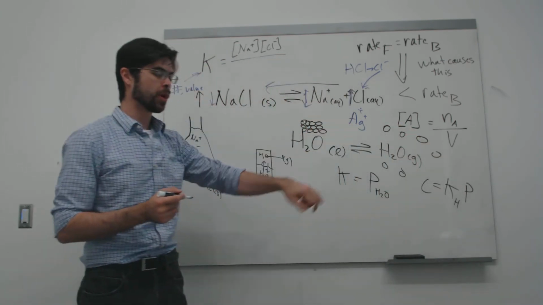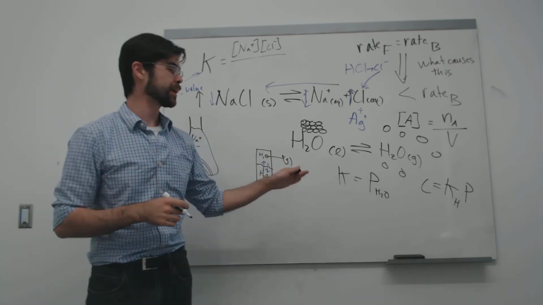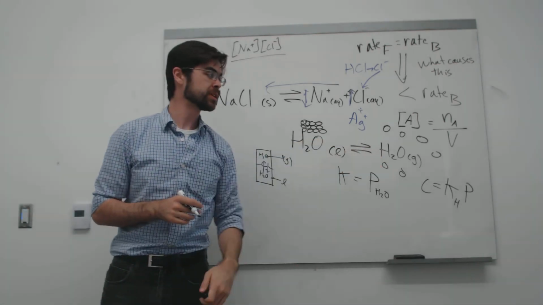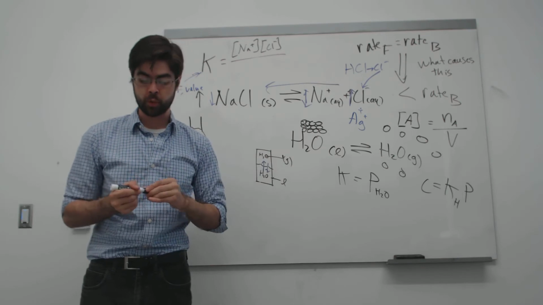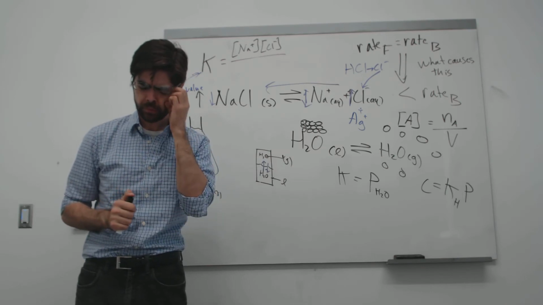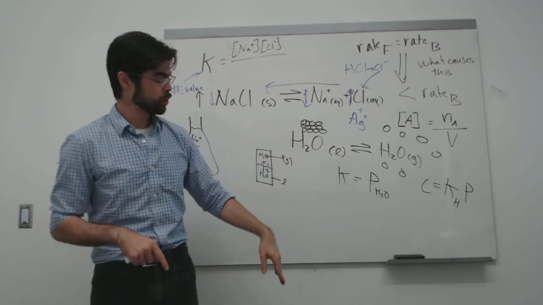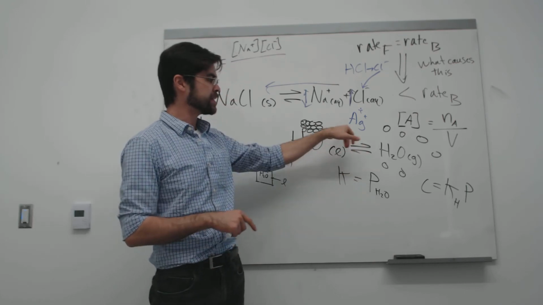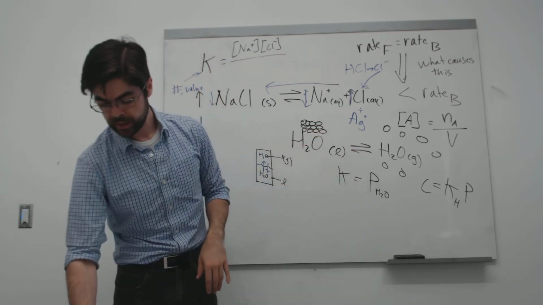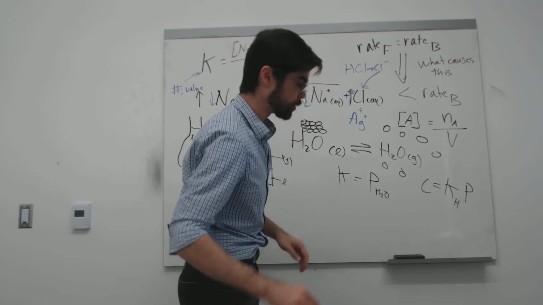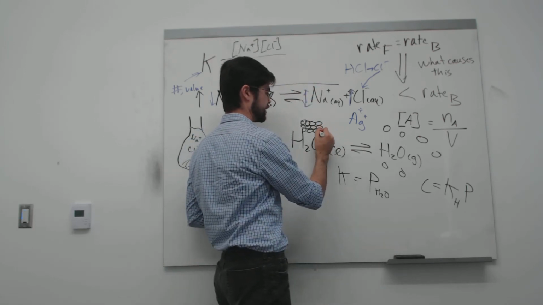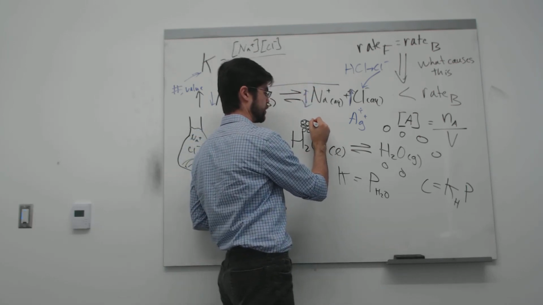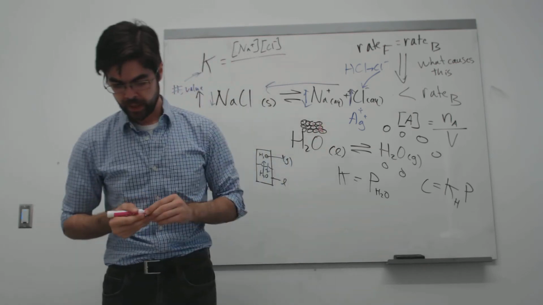So I need to overcome intermolecular forces when I'm looking at this particular equilibrium expression. Then the value of the equilibrium constant depends on how strong these intermolecular forces are, how tightly bound they are to each other.